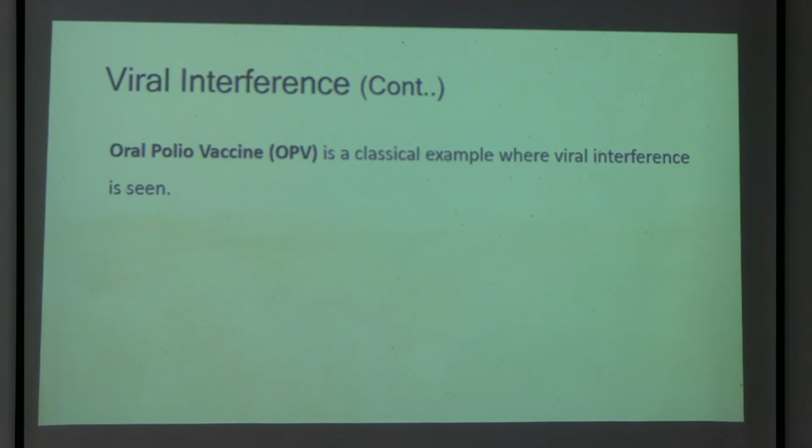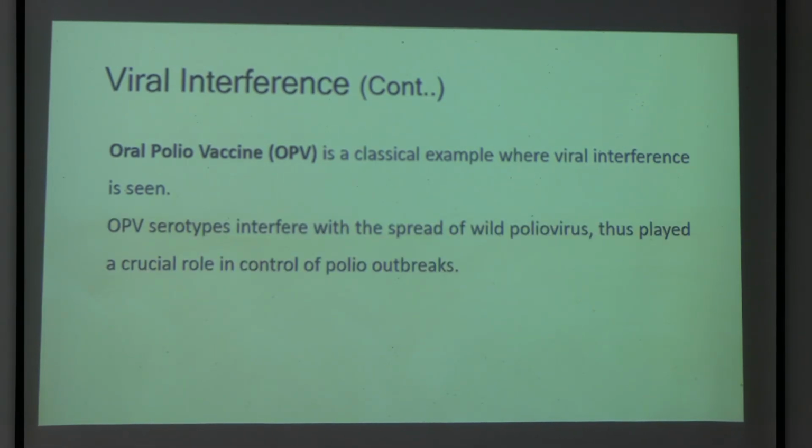In OPV, we administer the OPV serotypes to humans. How do we do it? Through vaccination. Yes. These OPV serotypes will interfere with the spread of wild polioviruses. So what do you think, is OPV a live vaccine or not? It's an interference, so it is a live vaccine.